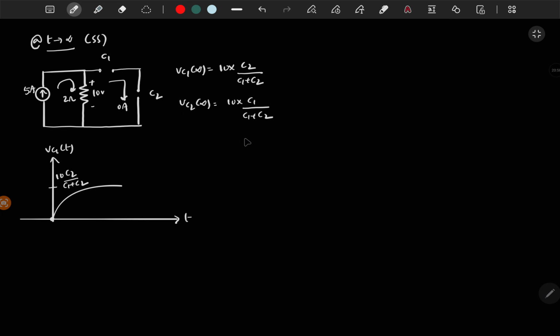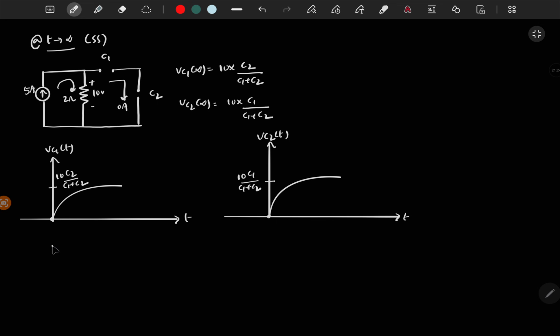And similarly, this starts at 0 and will go to 10 C1 by C1 plus C2.